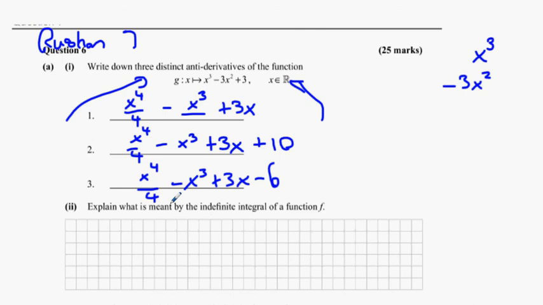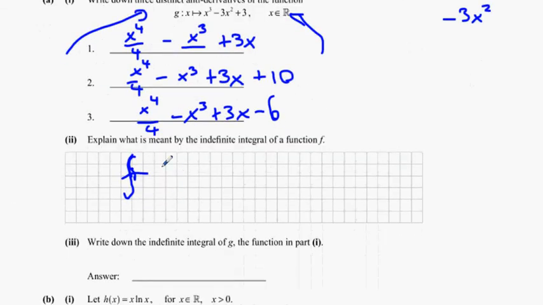What is meant by an indefinite integral of a function f? Okay, I'll read it out to you. The indefinite integral of f is the general form of the function whose derivative is f. Basically, imagine you have a function f, and let's say the function is what this is up here.